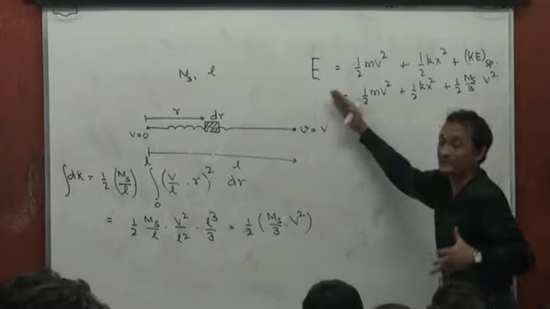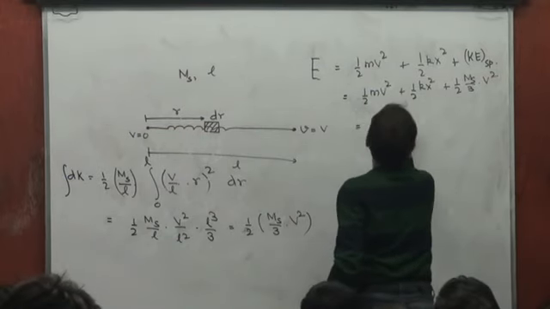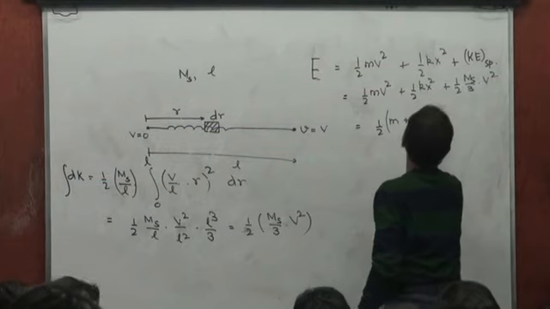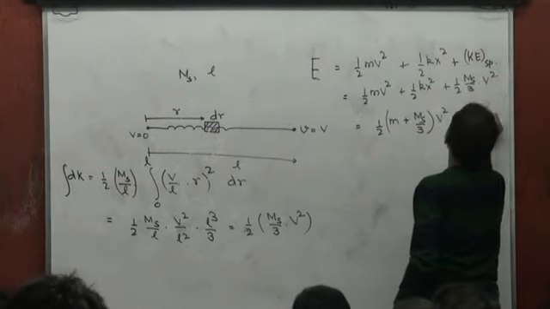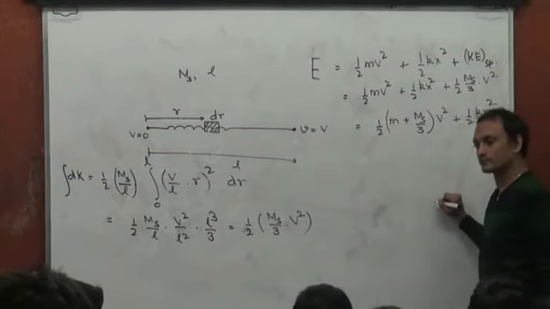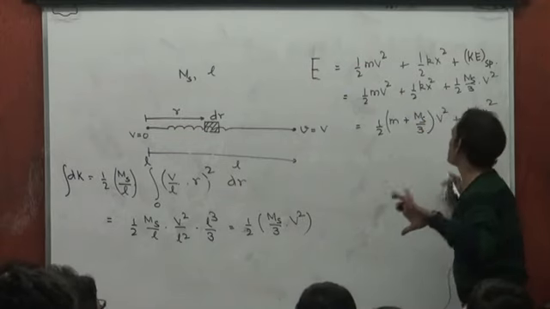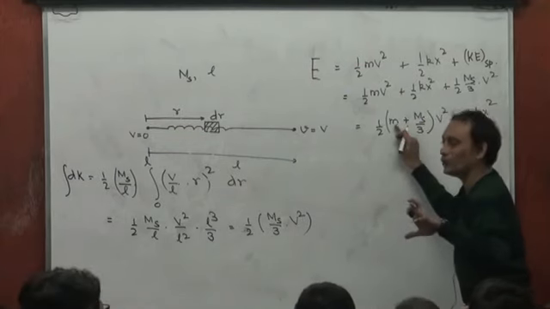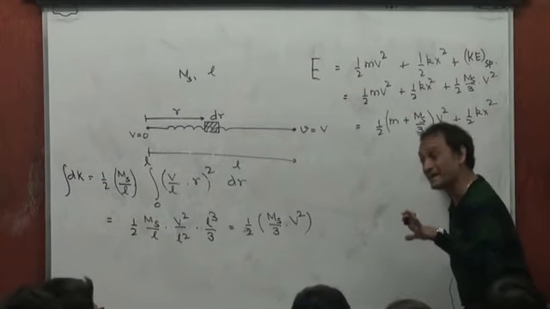That's the total energy of the entire system, which is half of m plus ms by 3 into v squared plus half kx squared. The only difference between the earlier equation and this equation is, in the earlier equation you only had m. Now instead of m you have m plus ms by 3.